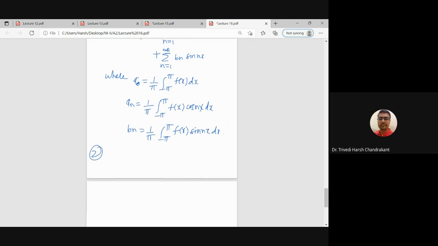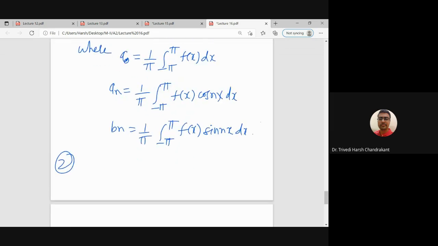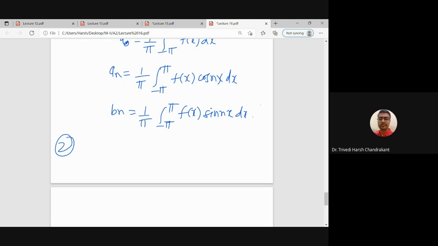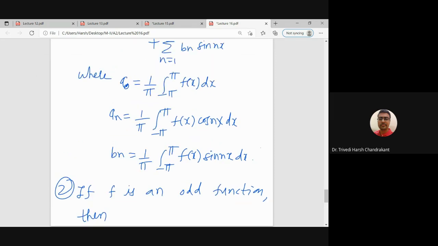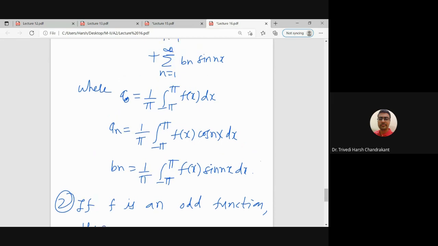The second remark is regarding the two cases, whether the function is an odd function or an even function. So if f is an odd function, then what shall happen? Among an and bn, which term will be 0?